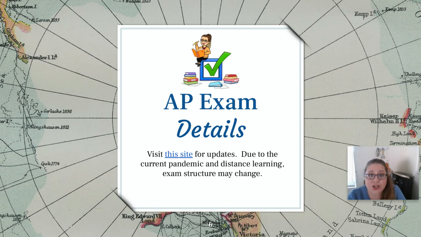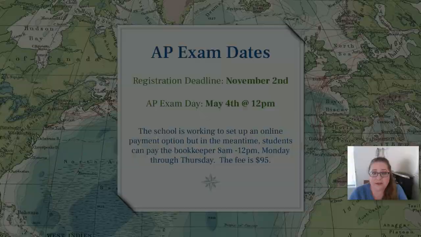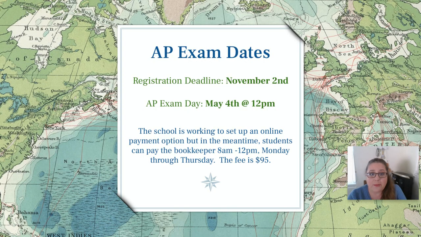But if you do want your child to take the exam, the deadline is November 2nd. I have those dates for you here. Our AP exam day is May 4th at noon. But in order to pay for the exam and register, make sure you do it by November 2nd. They can come to the school and do so between 8 and noon, Monday through Thursday. The fee is $95.